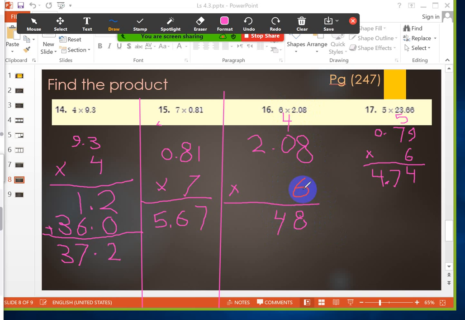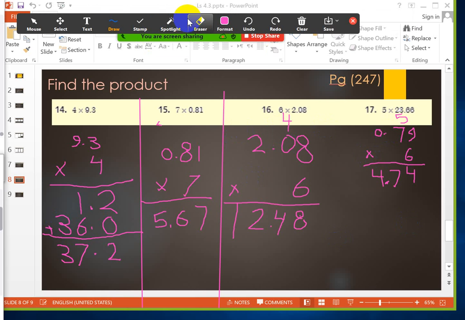Very good. 6 multiply 2, 12. Okay, very good. Now where do I have to put the decimal point? Beside the 4. Between 4 and 8 or 4 and 2? 4 and 2. Excellent, Aryaf. Very good. Thank you so much.